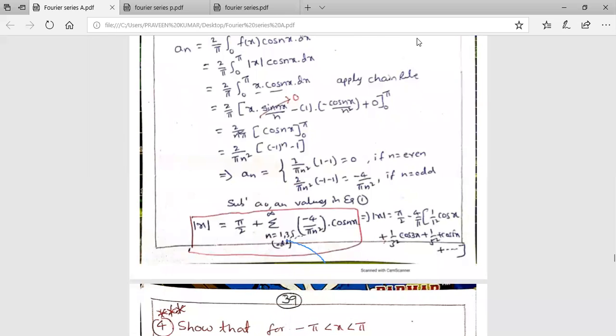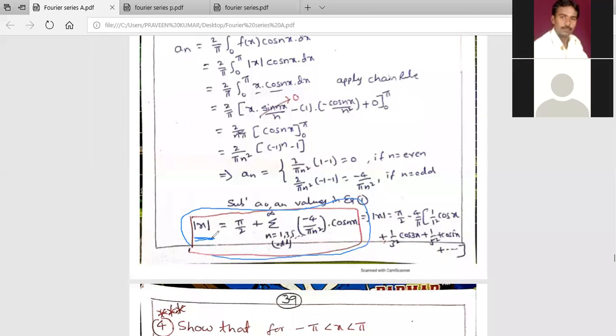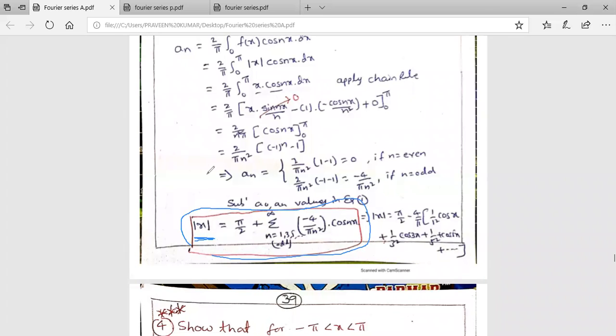So that's the reason why here I have clearly mentioned, substituting this completely in the Fourier series formula. If you see the left hand side, f of x is nothing but mod x. F of x, that is mod x, is equal to pi by 2 plus summation n is equal to 1, 3, 5.